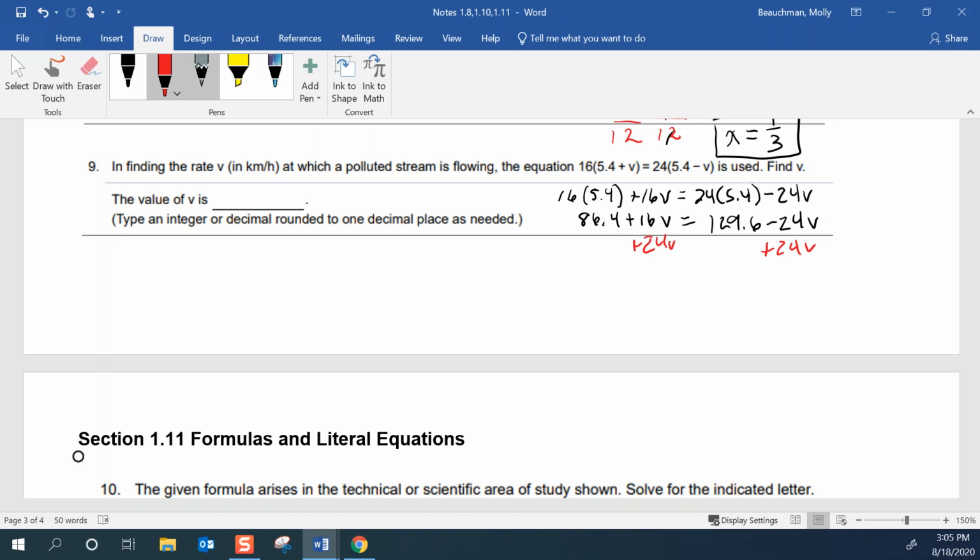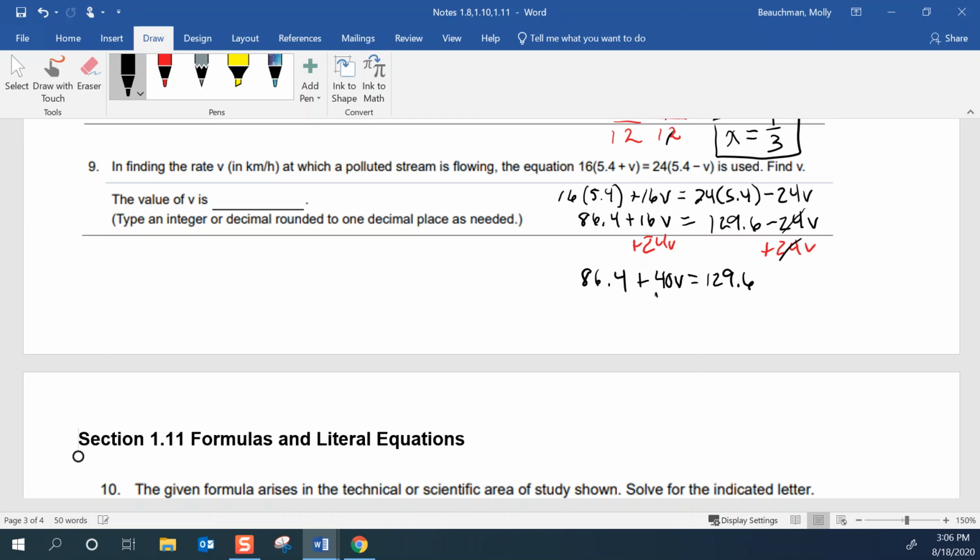And then maybe at the same time, no, I'll just do that step. Okay, so I get 86.4 plus 24 plus 16 is what, 40? v is equal to 129.6, and these cancel.